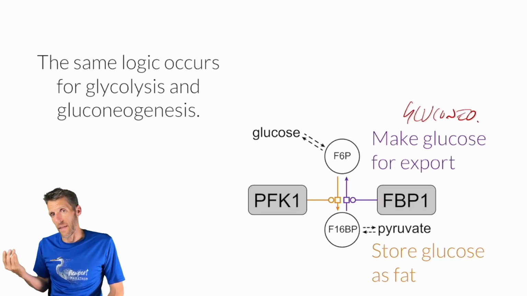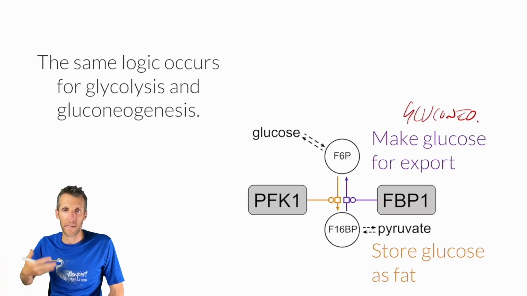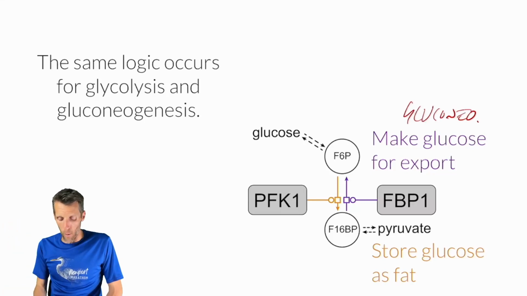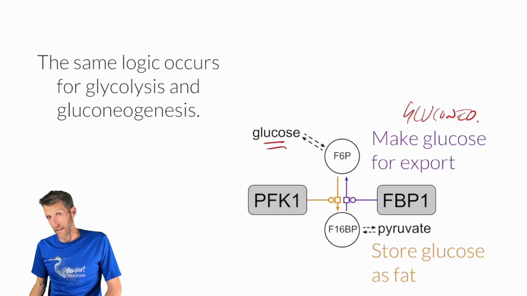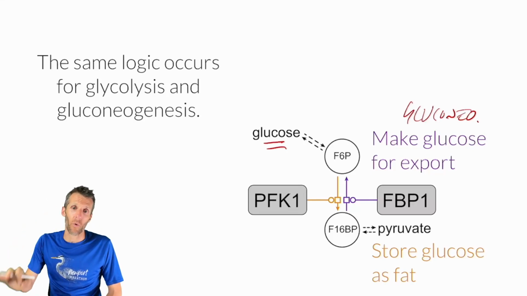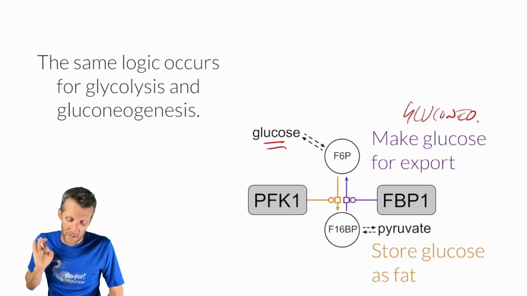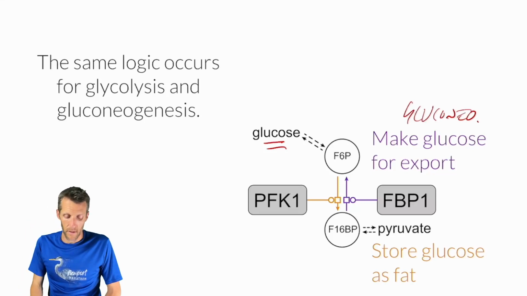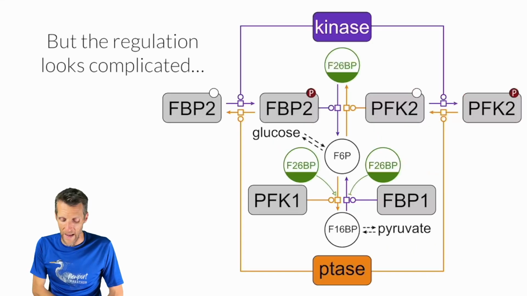That is like breaking down glycogen with glycogen phosphorylase. Now we're doing gluconeogenesis. The output is the same. We're making glucose in both cases. So again, glycolysis is store glucose, and gluconeogenesis is export glucose.